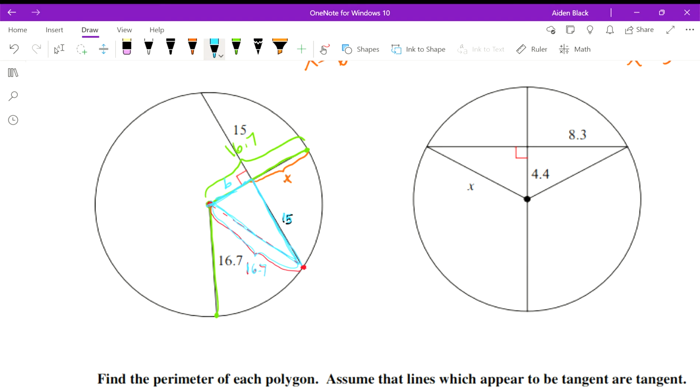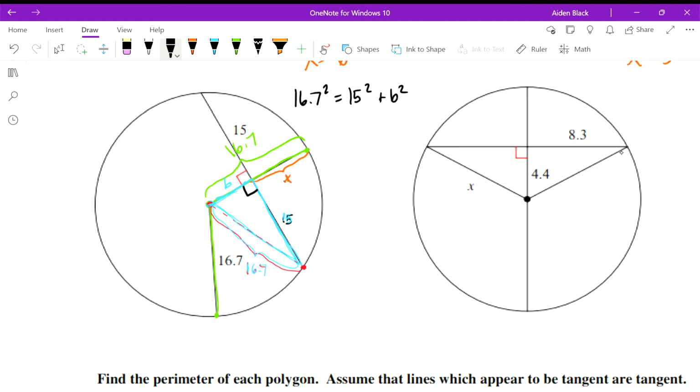We can find the value of b, and if we have the value of b, we can find the value of x, because we know that whole length right here is 16.7. Since this is the right angle, the opposite side is the hypotenuse, 16.7. So 16.7 squared is equal to 15 squared plus b squared.